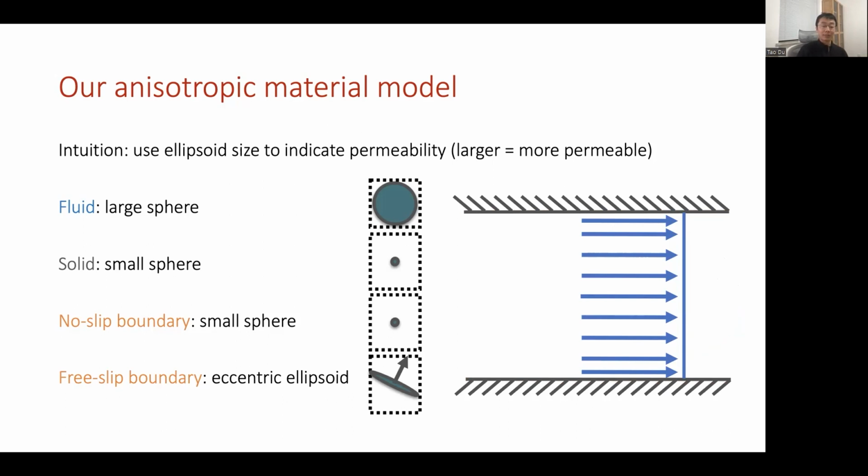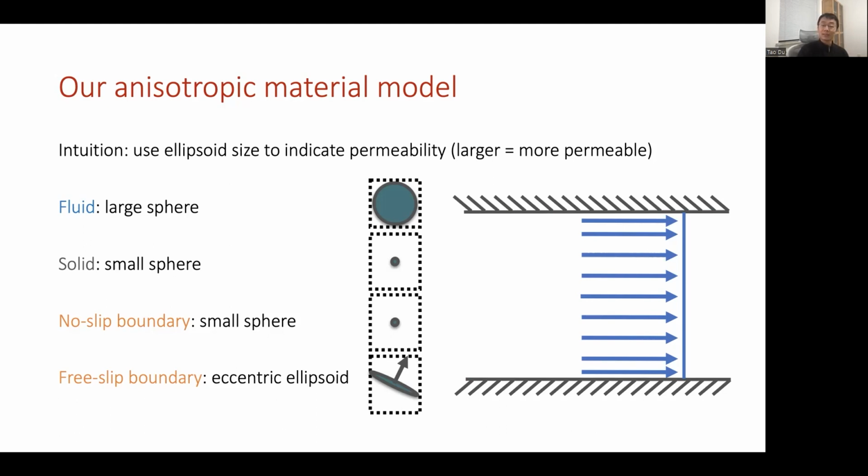Therefore, if the flow is close to the boundary, the tangent component of the velocity should be as large as it needs to be. On the other hand, along the normal direction on the boundary, the velocity has to be zero because it has to be consistent with the static boundary condition.